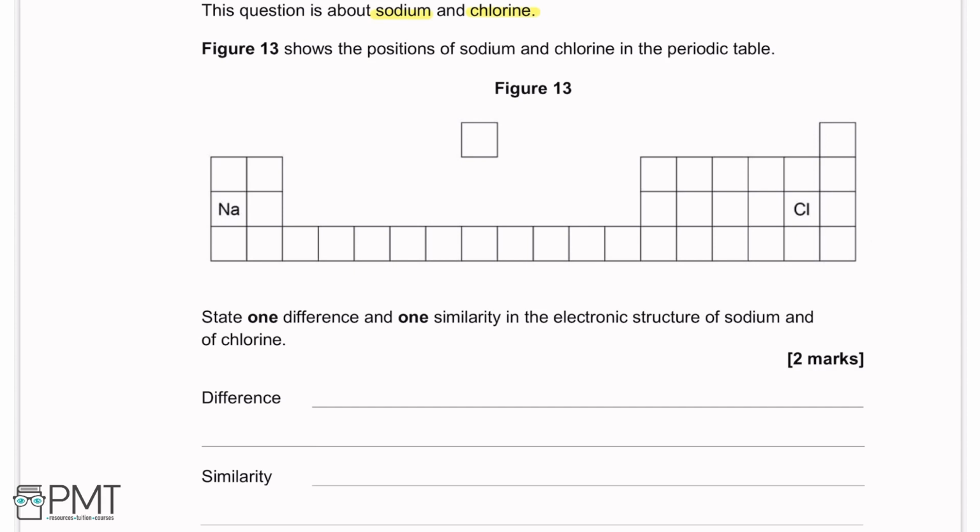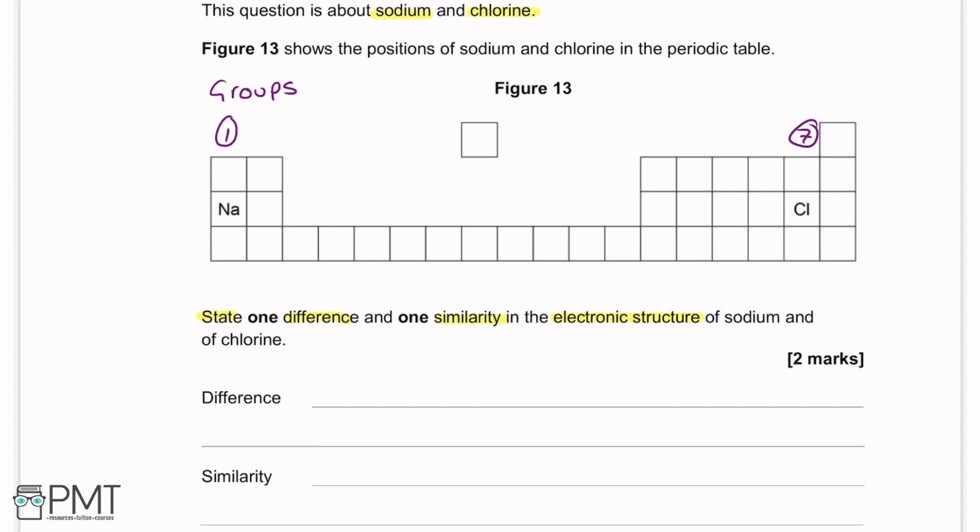The question asks us to state 1 difference and 1 similarity in the electronic structure of sodium and chlorine. So, if we look in the periodic table, we can see our groups. So remember, the groups are the vertical columns. Okay, so sodium is in group 1 and chlorine is in group 7.